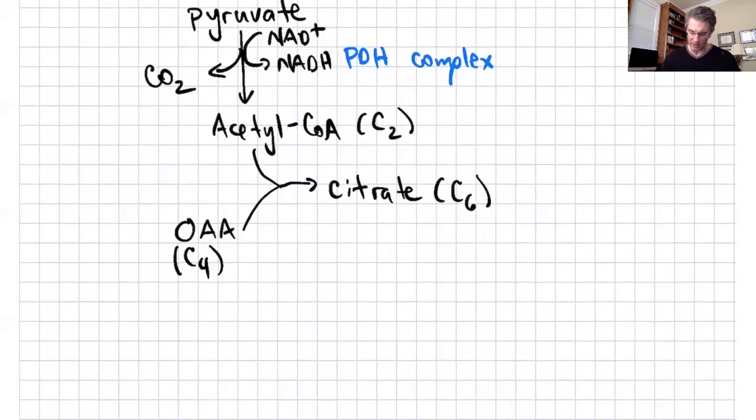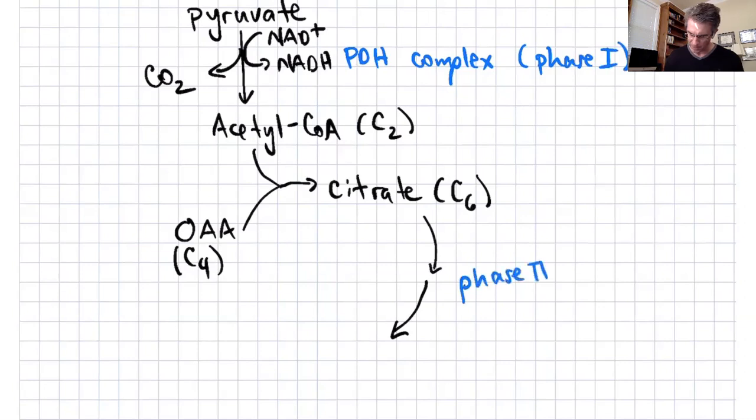And then we're going to take this and run it through what I call phase 2 of the cycle. If the pyruvate dehydrogenase complex is phase 1, then phase 2 is this process of creating citrate and then running it through the first half of the TCA cycle to create succinyl-CoA.